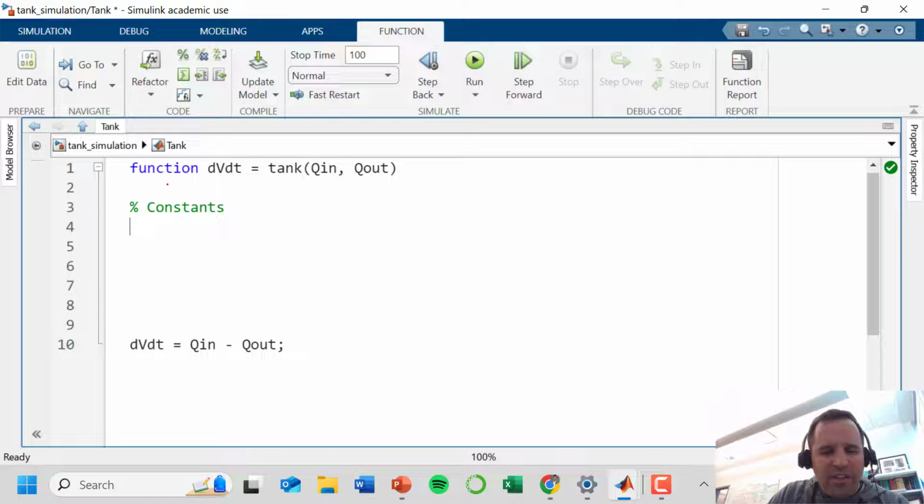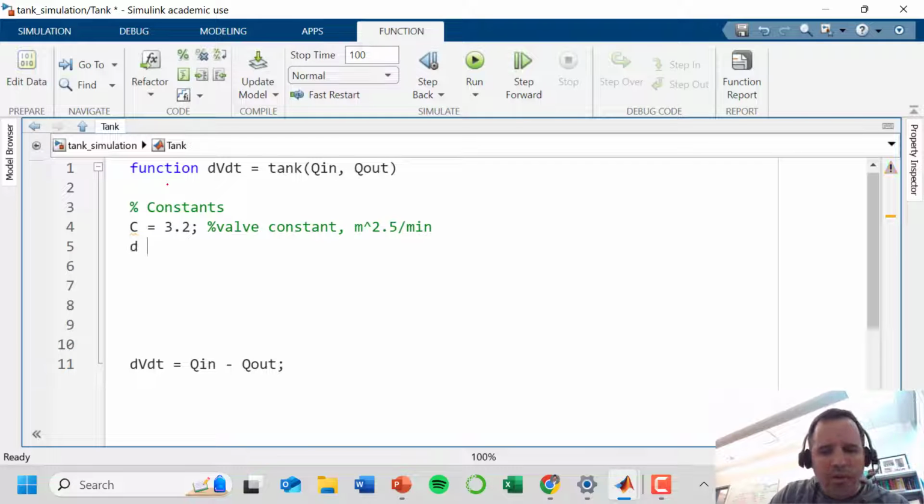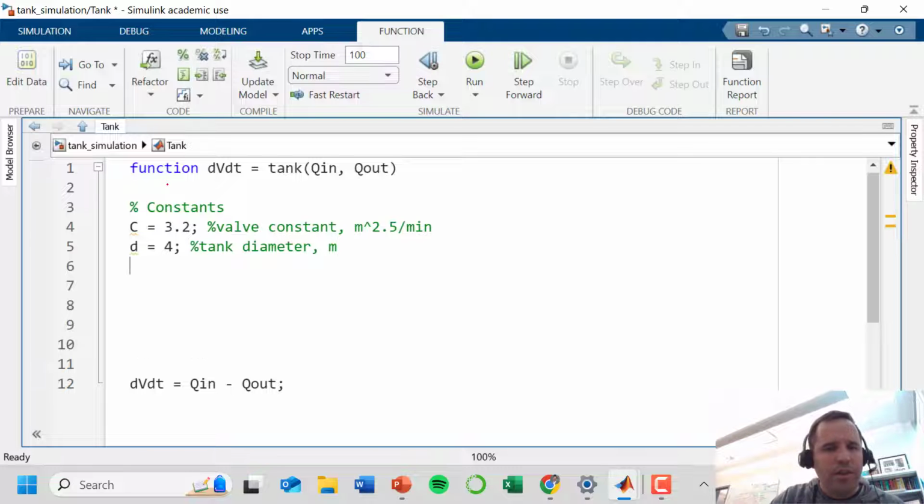So we need to define some constants. We had C equal to 3.2. This is our valve constant with units of meters to the 2.5 per minute. We also have our diameter equal to 4. This is the tank diameter with units of meters. We can now calculate an intermediate.